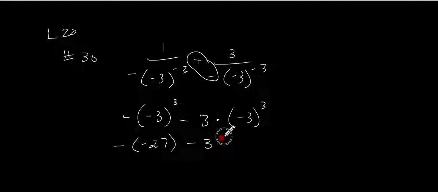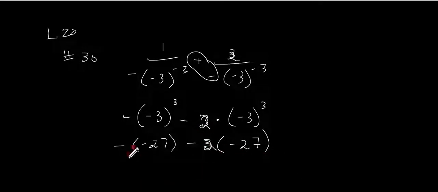Minus 3 times, again, -27. And I think that was, is that a 3 up there? It's a 2. See, I told you I can't see at night. This is a 2, and this is a 2, and this is a 2. All right, so now we're going to get +27 plus 54.